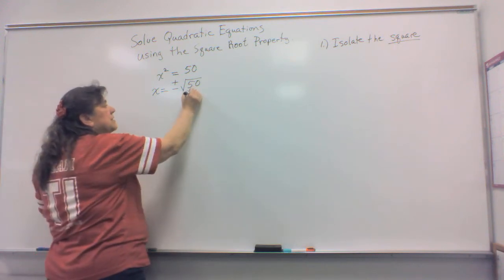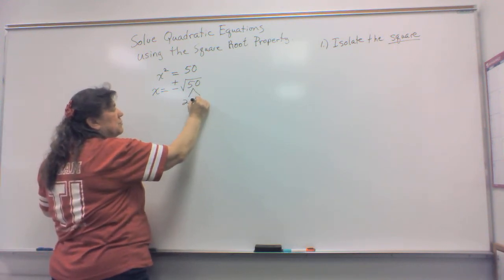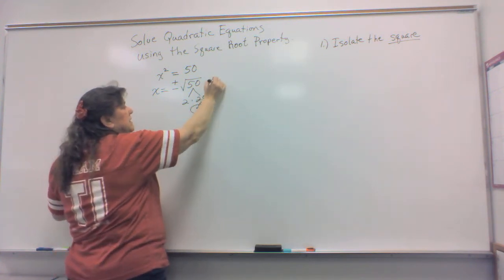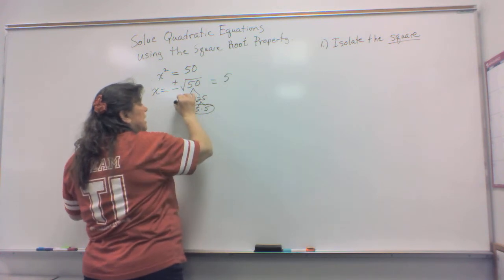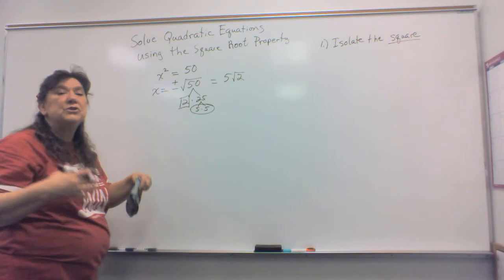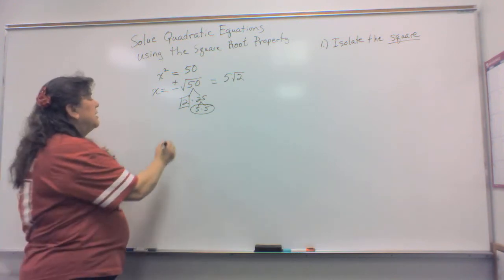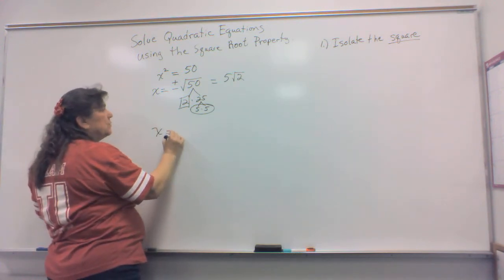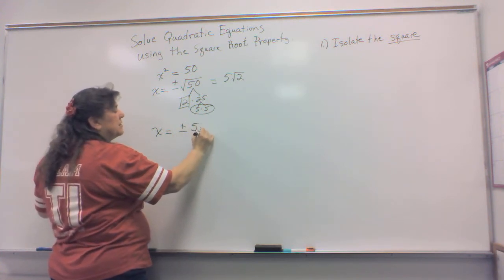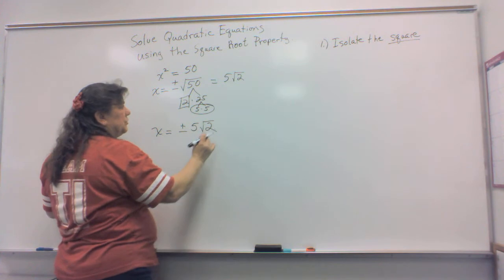So now this breaks down into 2 times 25, and 25 is 5 times 5. Thus, this is equal to 5 times the square root of 2. So you're using what you've just finished doing. So x then is equal to plus or minus 5 square root of 2.